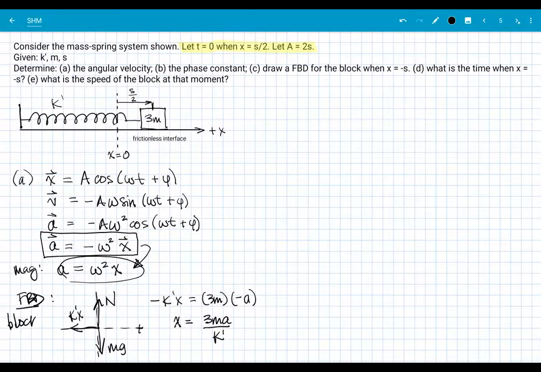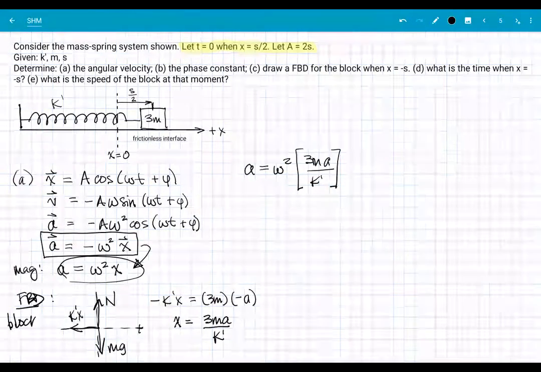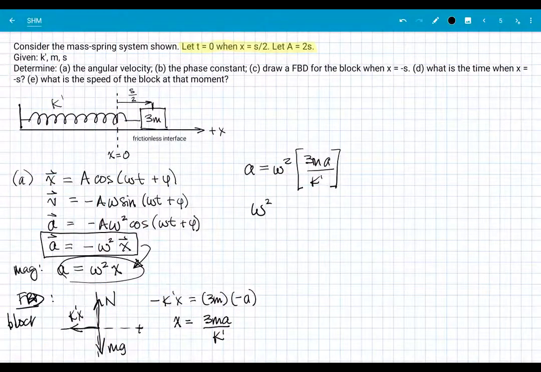I know that I can say acceleration is equal to omega squared times this expression for x, 3m a over k prime, and then solve for omega squared: k prime over 3m. And then of course that tells me that omega is the square root of k prime over 3m.